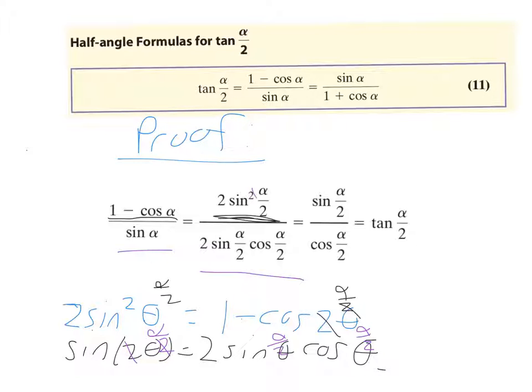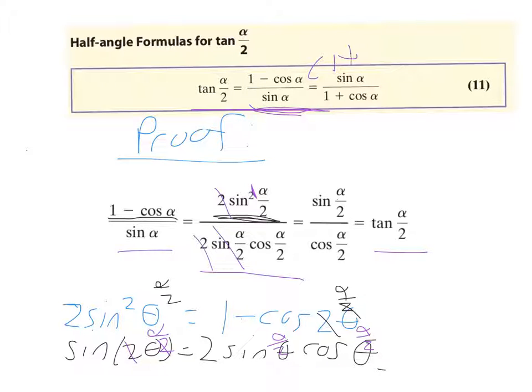Now, one of the sines would cancel out up here, and the 2's would cancel out too, so you'd have sine of alpha over 2 over cosine of alpha over 2, which is tangent. So that's how we can rewrite tangent of alpha over 2 as this first formula.